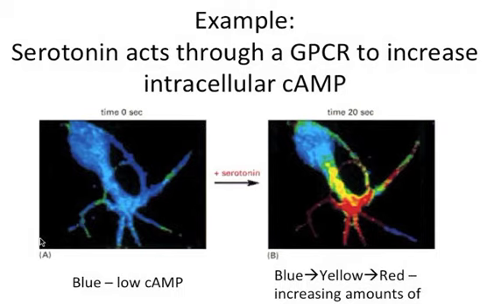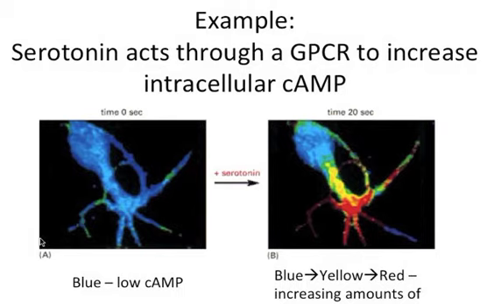A neuron. Okay, we'll go with that. Okay, so this is time 0 and this is 20 seconds. And here they add serotonin. So at 20 seconds after they add serotonin, and what they're looking for is concentration of cyclic AMP.